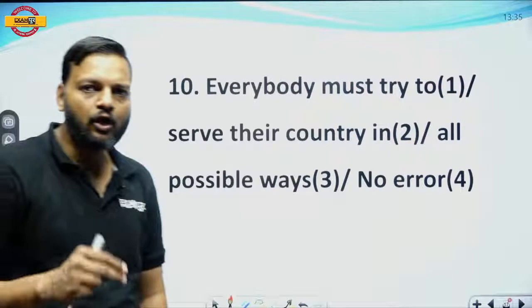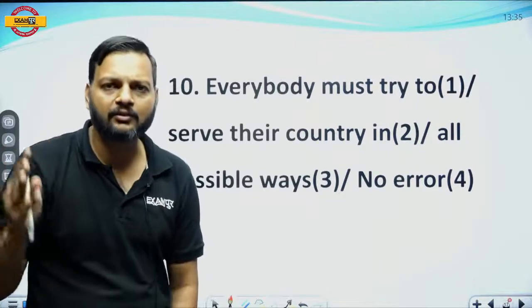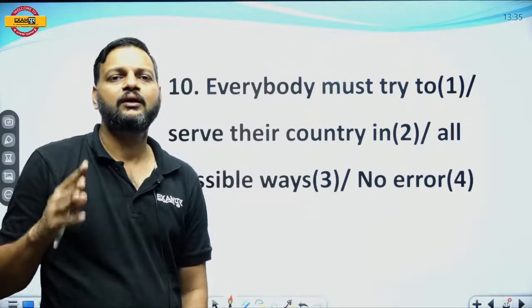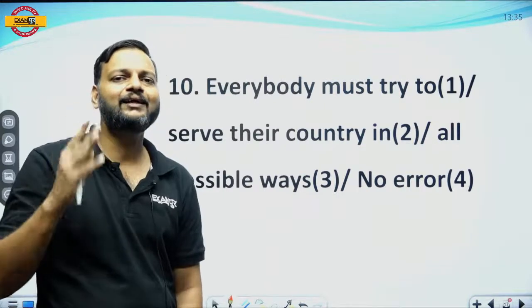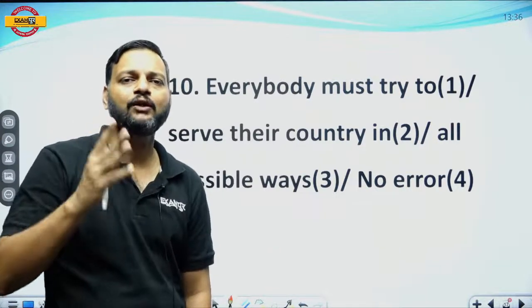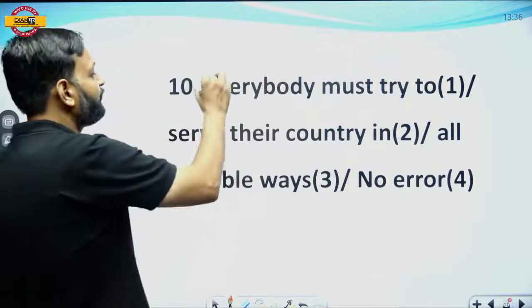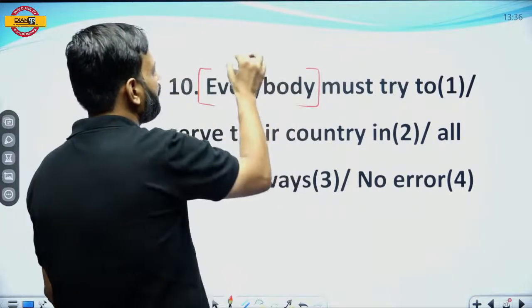See, along with all other indefinite pronouns, like someone, somebody, no one, nobody, everyone, everybody, everybody is also singular.